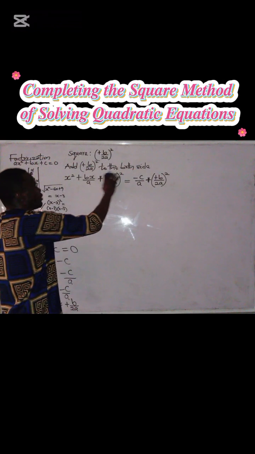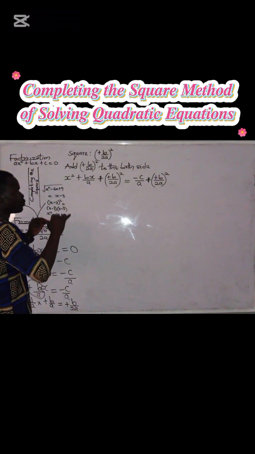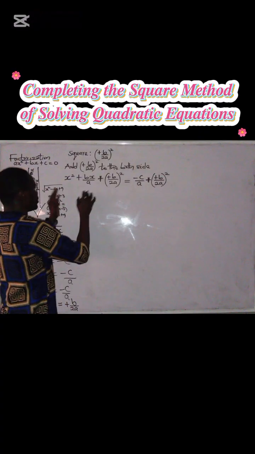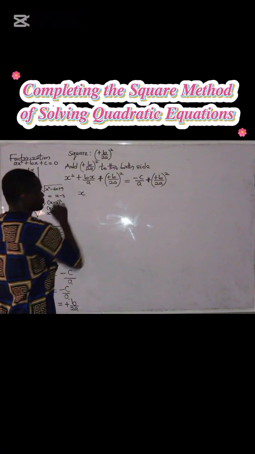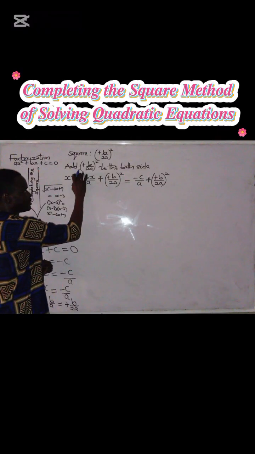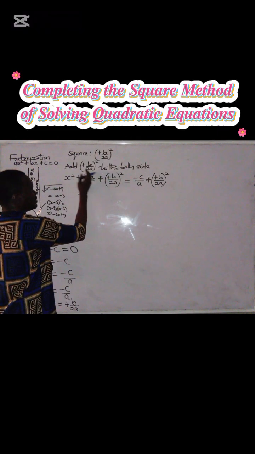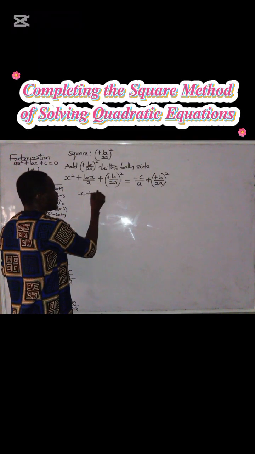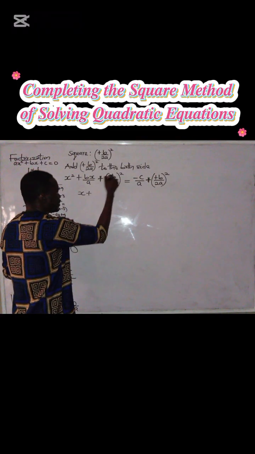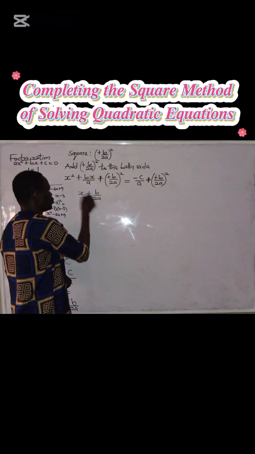So the expression here is the perfect square. To bring it under a square, look at this x and write it. Neglect everything else here, including this sign. Write plus, then write what's inside the bracket, which is b over 2a.